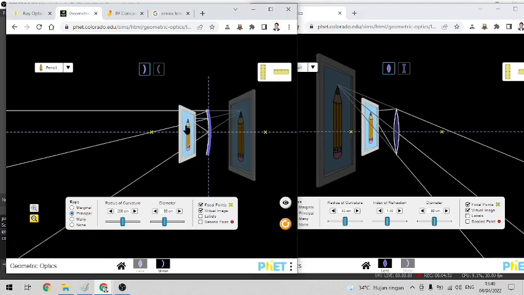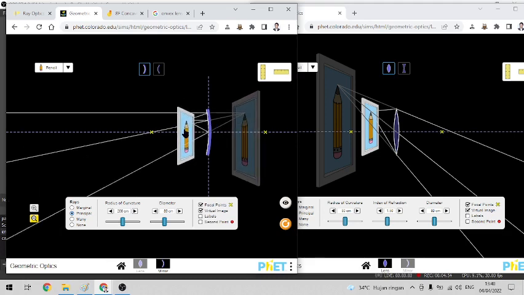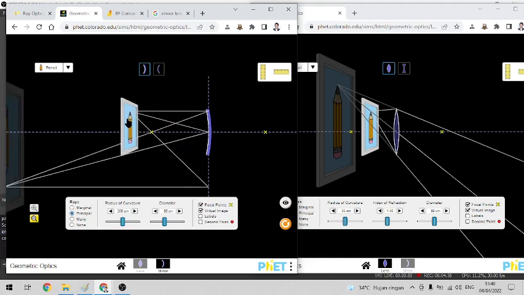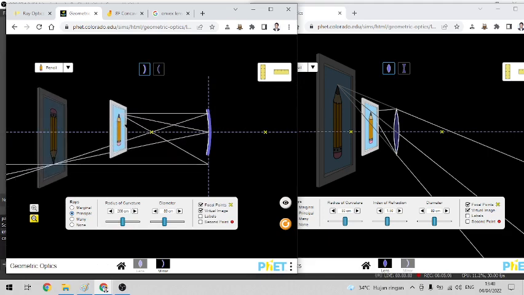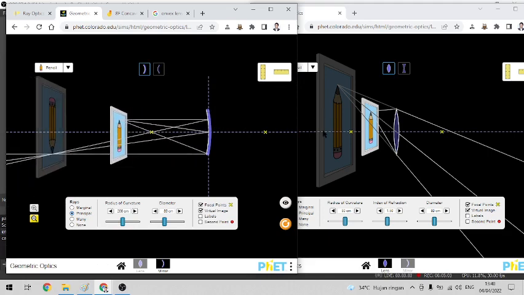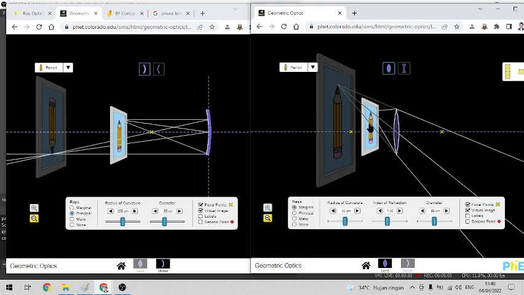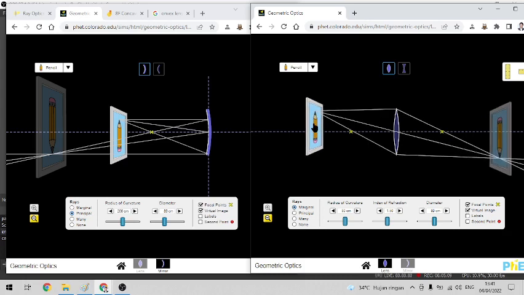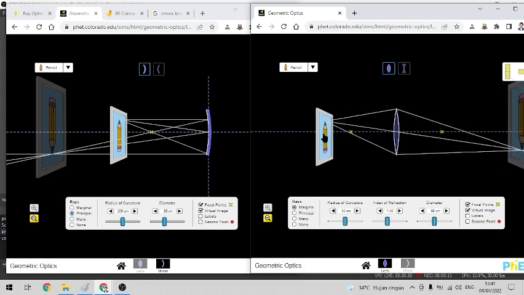On the left, in the mirror, you can see a similar characteristic. If we put it far away from the mirror, now the image becomes upside down. In the lens, it also does the same thing. When we put it a bit further from the lens, you can see that the image is also upside down.